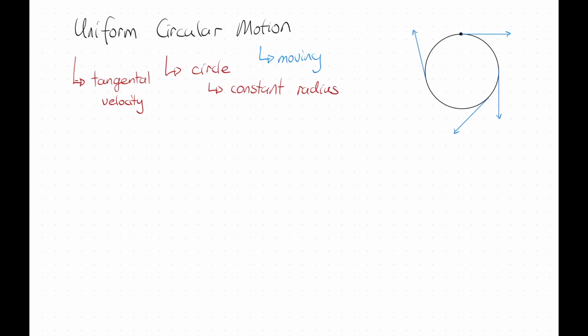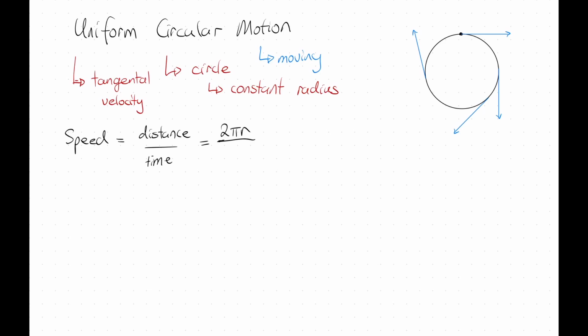But if its tangential velocity is going to be the same, it's going to have the same magnitude of velocity. If it has the same magnitude of velocity, it has the same speed. So our speed is equal to distance over time. What is the distance this object is traveling? The circumference of the circle, right? So it travels around in a circle, so therefore it's going to travel 2 pi r.